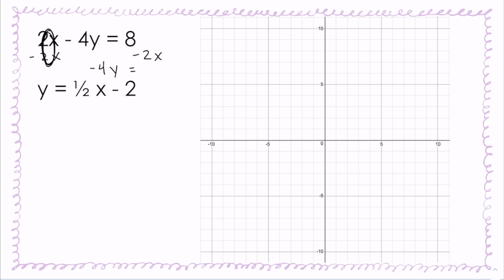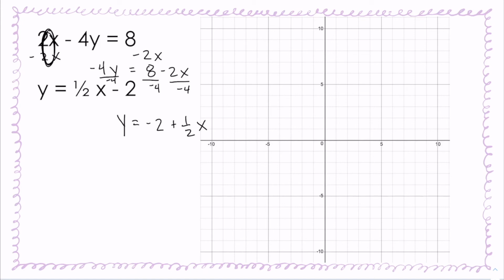And 8 minus 2x is just 8 minus 2x. Or you could reorder that as -2x plus 8, your call. And then we divide both sides by -4, which means we want to divide every single term by -4. So that gives us y equals -2 plus 1/2 x.